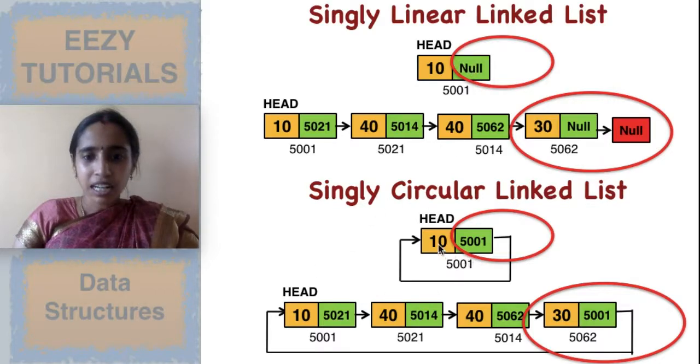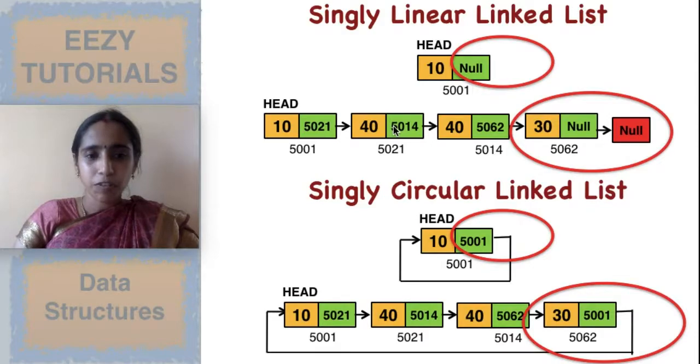But in circular linked list, you are having only one node, so the last node is also the head and the first node is also the head. So the next part will point to itself, because the last node is head and the first node is head. For that reason, the next part of the node will have its own address.